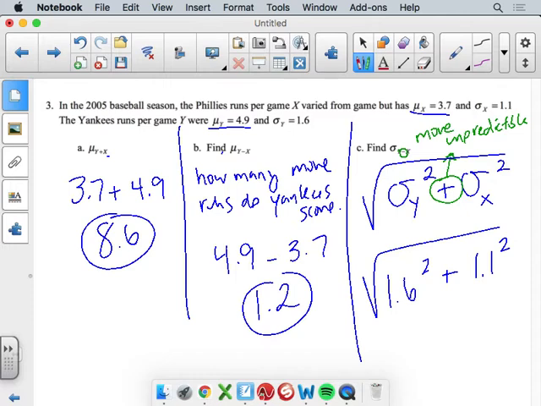Okay, so a long way to finally get to an answer. So you do standard deviation squared, then square the other one, then combine them, then square root that, and it should be, at least before, I got like 1.94.